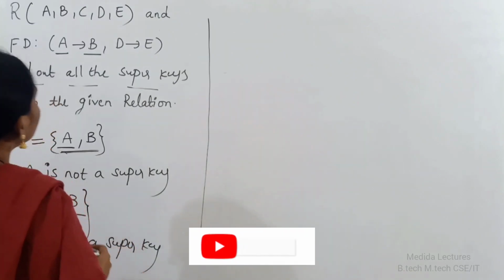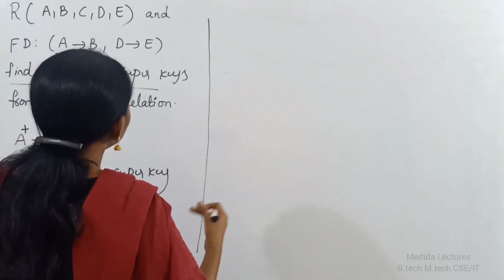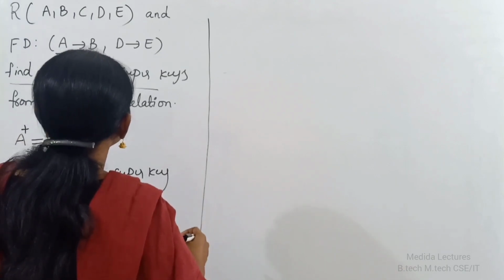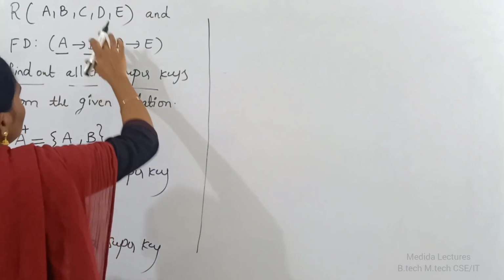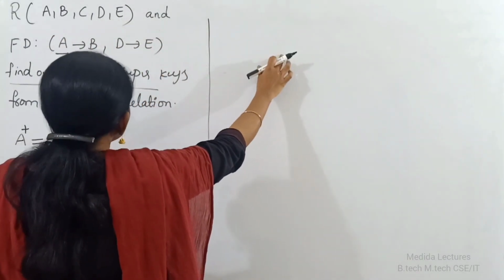So how do we identify an attribute or set of attributes that will become a super key? We need A, B, C, D, E as a result.